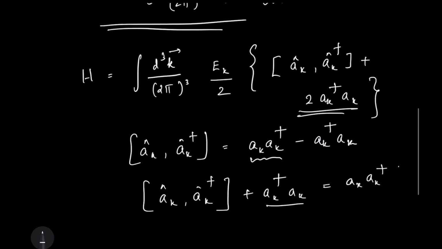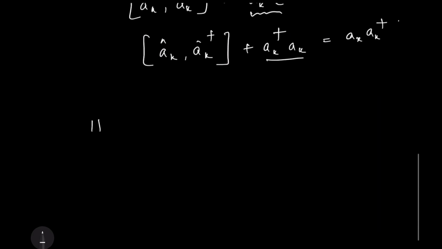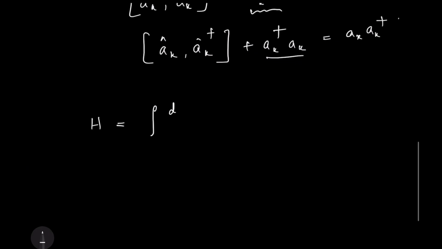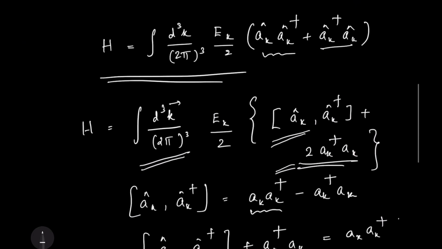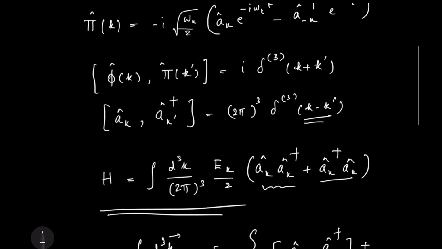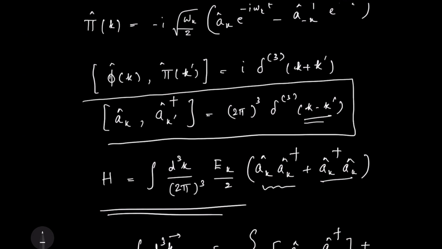Now if I see much more clearly, there is an integral d³k here and there are 2 terms here, so I can split the integral into the 2 terms. So H will be integral d³k by 2π cube, then E_k by 2, I have the commutator of a_k and a_k†, which is given by 2π cube δ³ of k minus k prime.